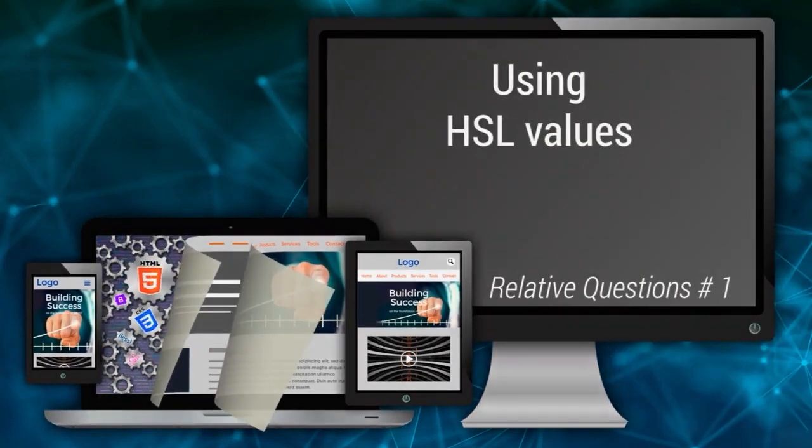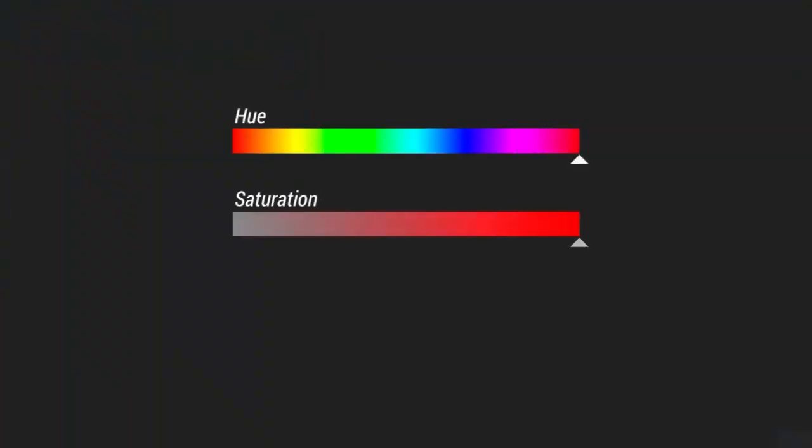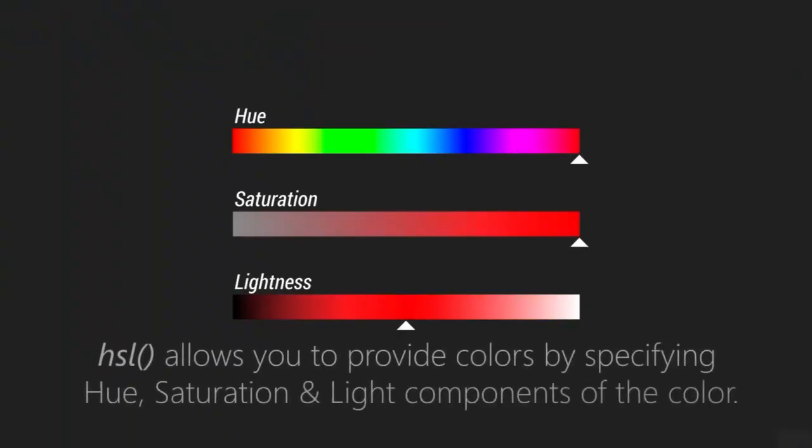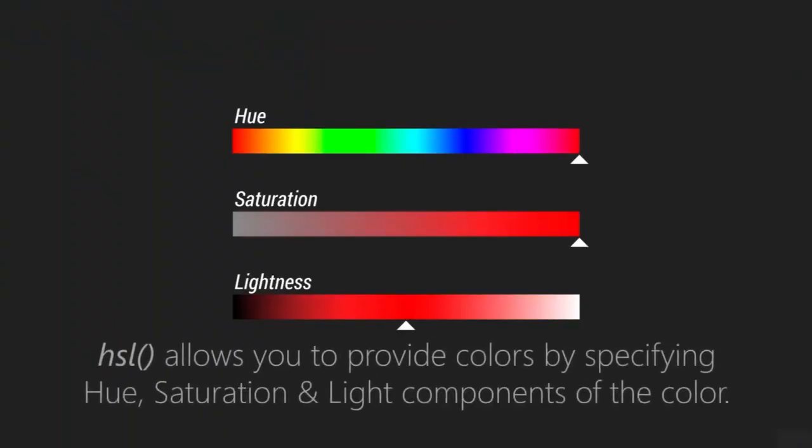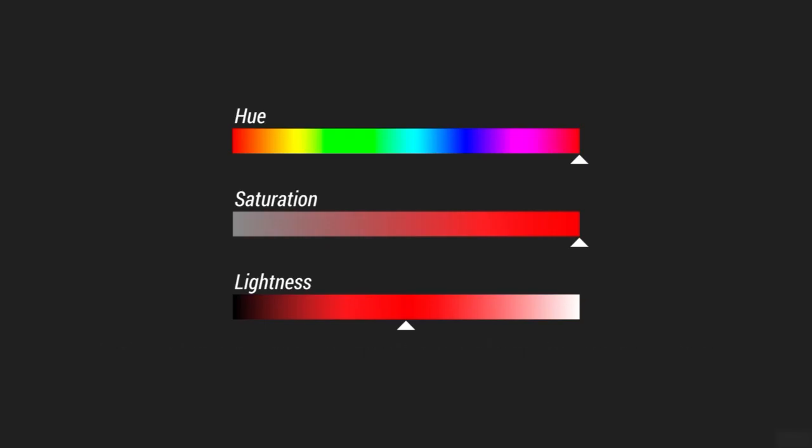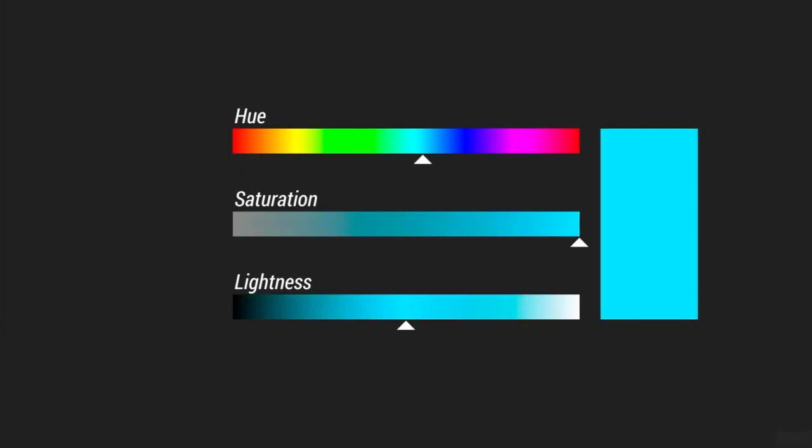The HSL, which stands for hue, saturation and lightness, is a CSS function which allows you to provide colors by specifying hue, saturation and lightness components of the color. The HSL model is very easy to use and understand compared to the RGB color model, because the HSL model allows you to select a base hue and then adjust its saturation and lightness as desired.